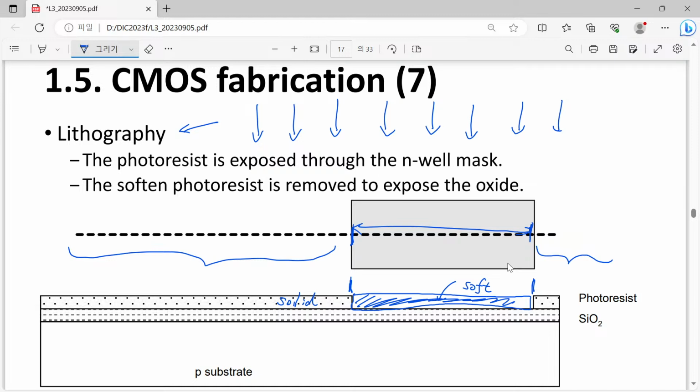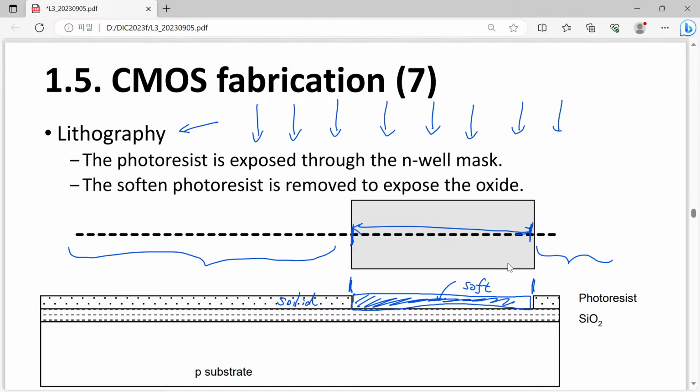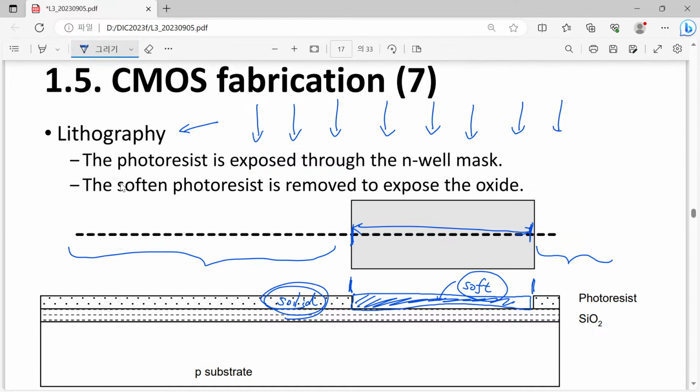Even though we expose the light on it, that does not immediately remove this photoresist. Just after we expose the light, we still have two different photoresists on top of our silicon wafer. One is a solid one, and one is a soft one. After that, this soft photoresist is removed.